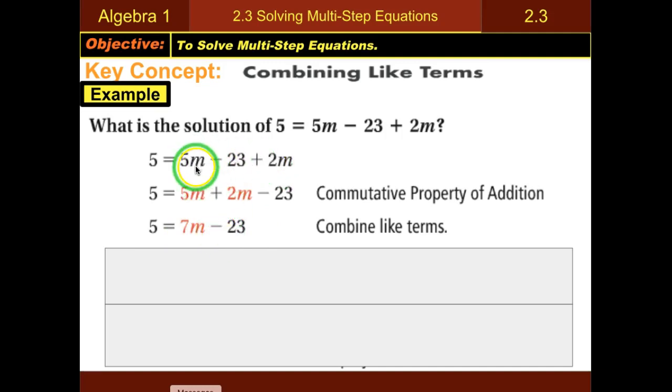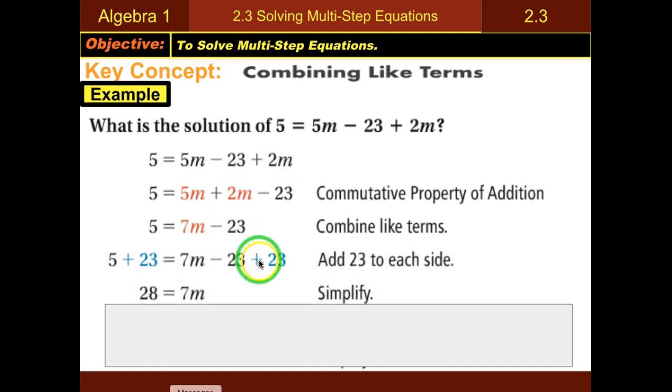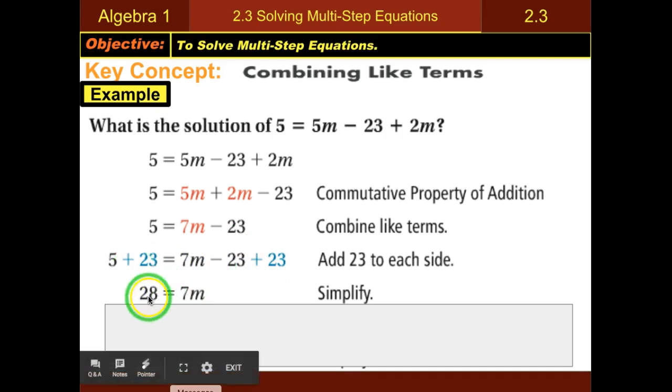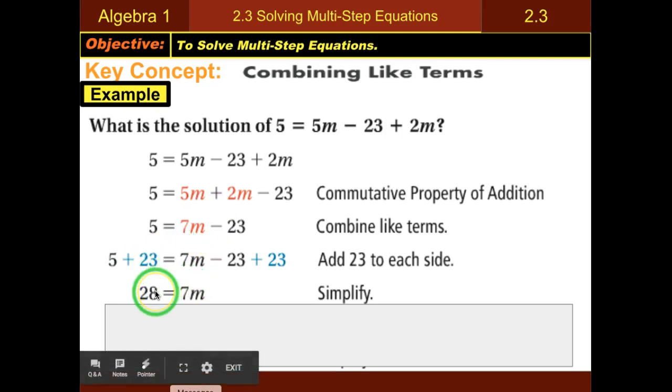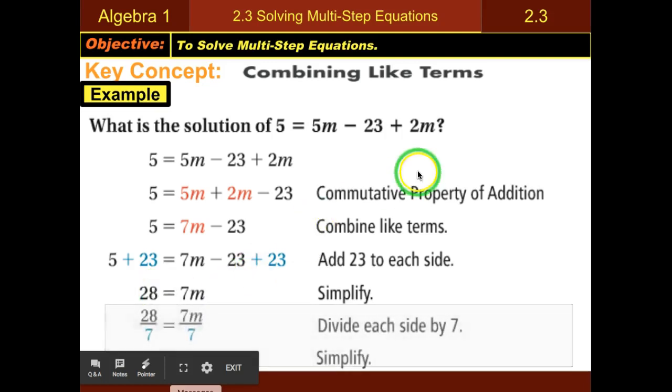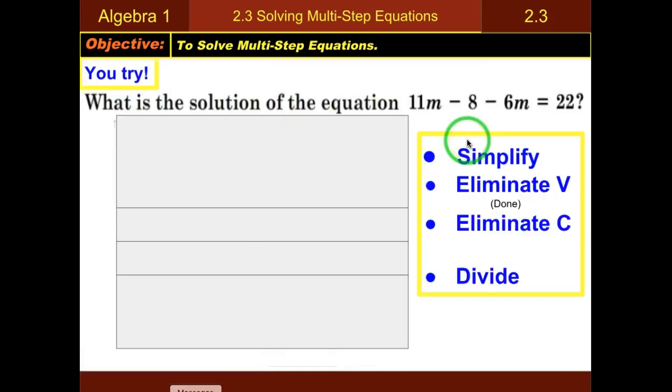Here I was simplifying, so I was cleaning up, I was combining them. Now I'm eliminating, so I do want to add 23 to get rid of the minus 23, and I do that to both sides. And the last step is to divide, and if we go all the way back to 2.1, our one-step equations, this is times 7, and we're going to divide both sides by 7, and that will give us our answer.